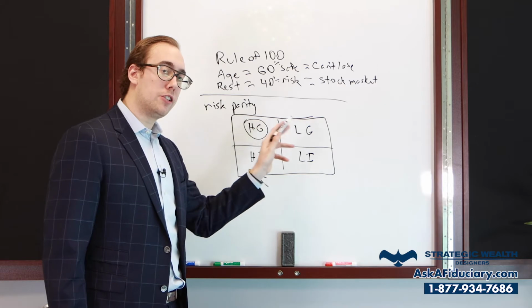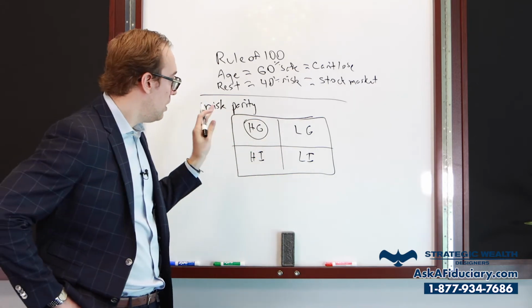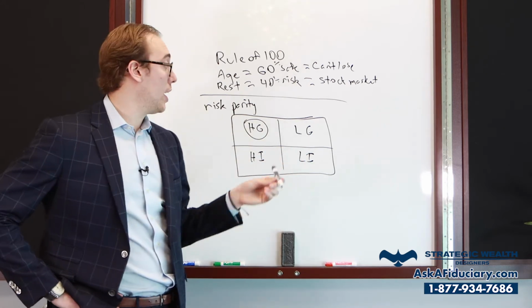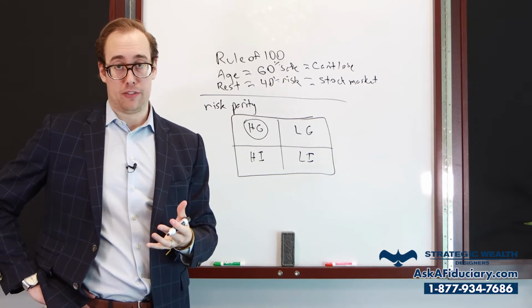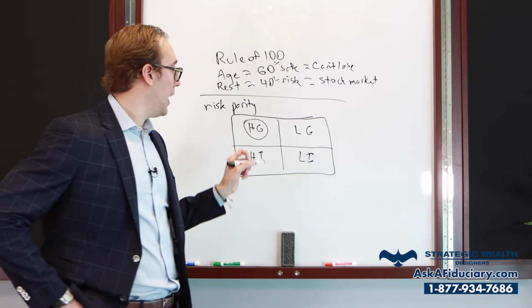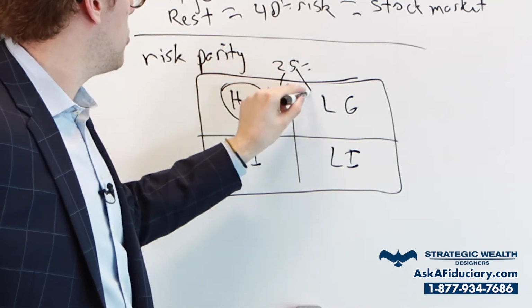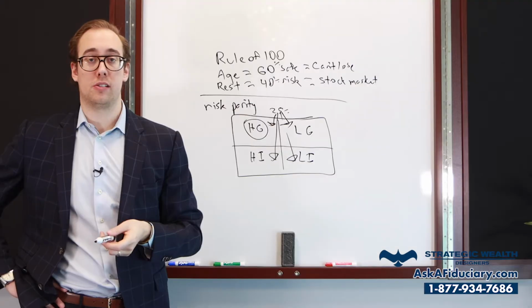Probably 80 to 90% of your money right now is only poised to do well during high growth, maybe a little bit of high inflation. What we want to create is an environment where we have equal risk distribution among these 4 different economic seasons. High growth, stocks do great there.